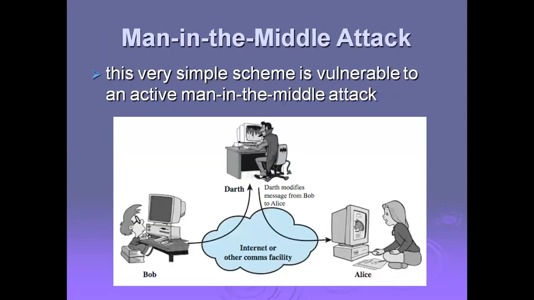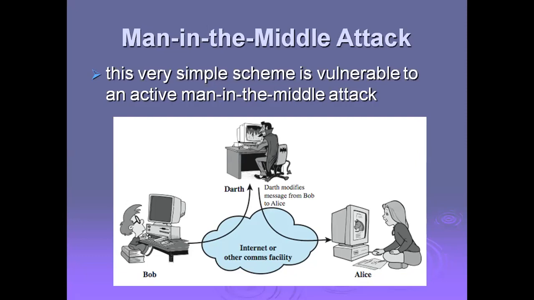Now, what is a man in the middle attack? We'll see how it works. This very simple scheme is vulnerable to an active man in the middle attack. MITM is a very well known, famous and repeated attack.